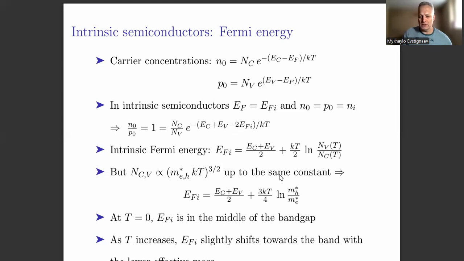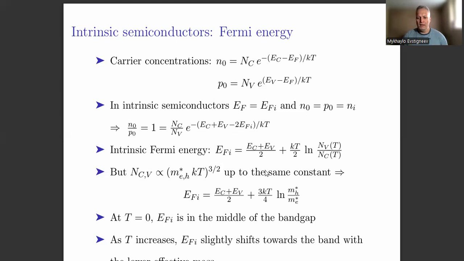Then as you increase the temperature, the Fermi energy starts to shift very slightly. First, thermal energy, even at room temperature, is not very big. It is 26 milli electron volts.